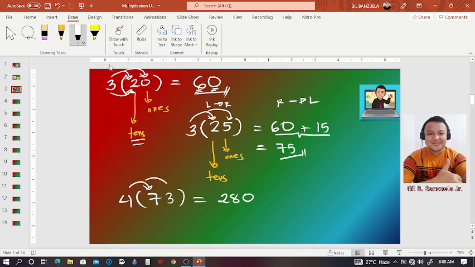Okay? So, 4 times 3 is equal to 12. Then, get the sum in your head. So, basically, yung 1 at saka yung 8 lang naman yung i-add nyo dyan. So, 8 plus 1, 9. And 2. So, you have 292.